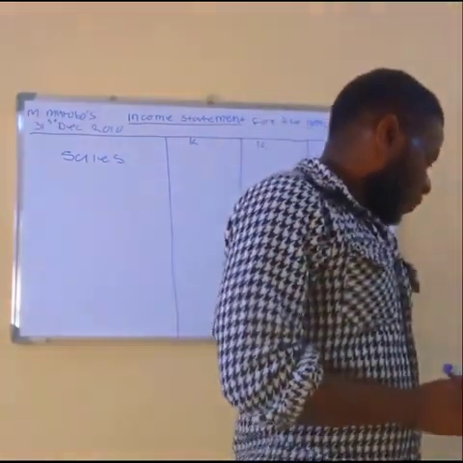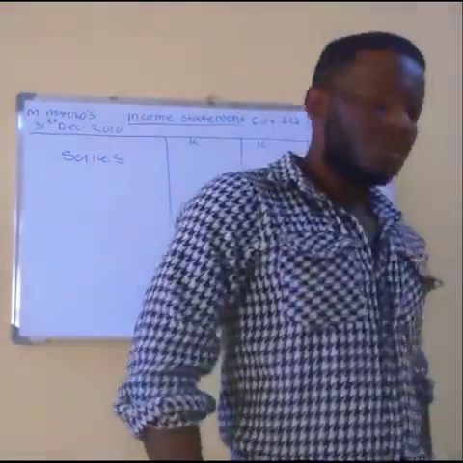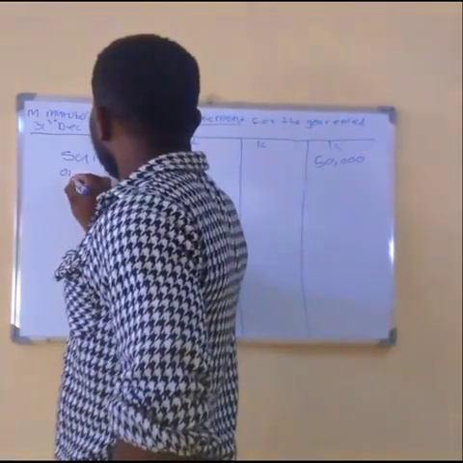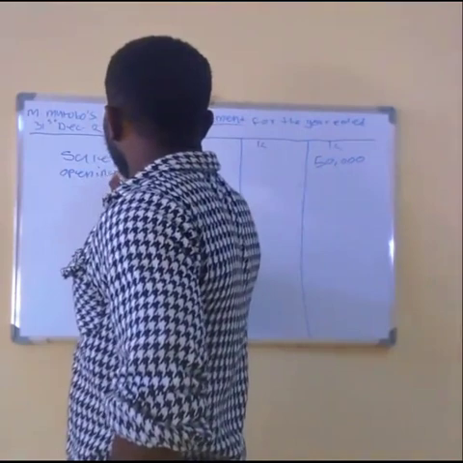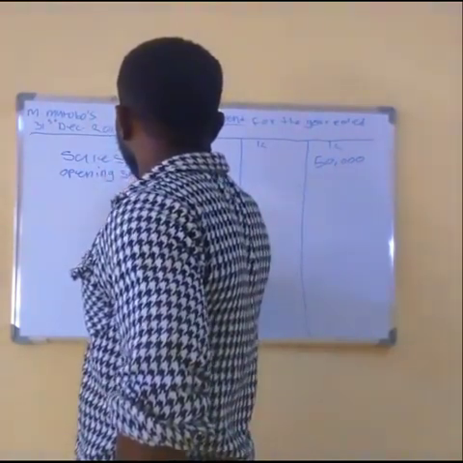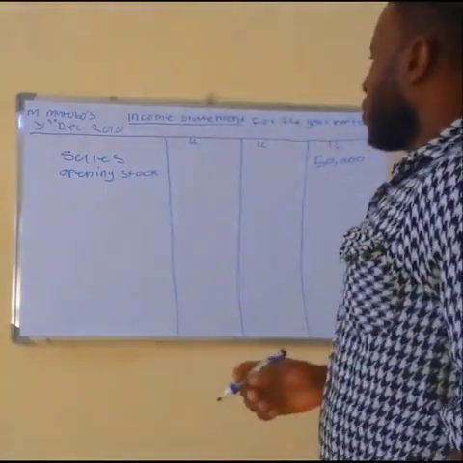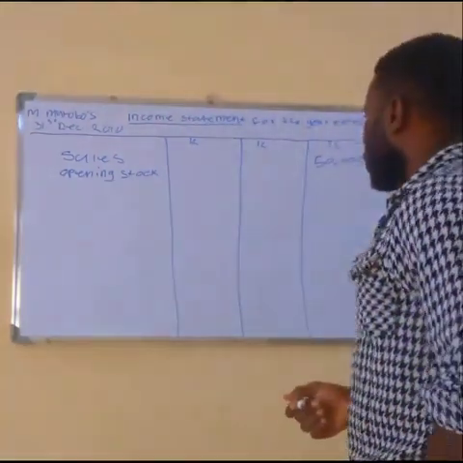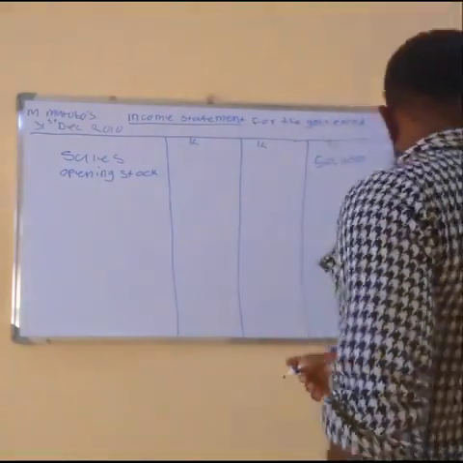Since we have no sales returns, we go straight to the opening stock. This is the stock that remained in the previous accounting period. This one we are going to enter in the second column.